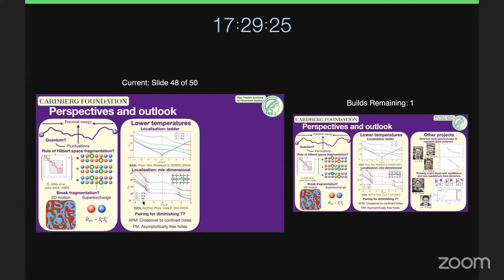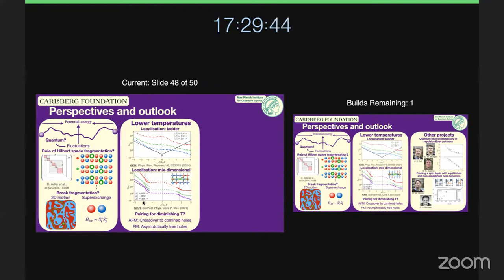And so a good guess for what happens is that as you diminish the temperature, then on the ferromagnetic side, you would see asymptotically free holes. But that would still pair for any non-zero temperature.